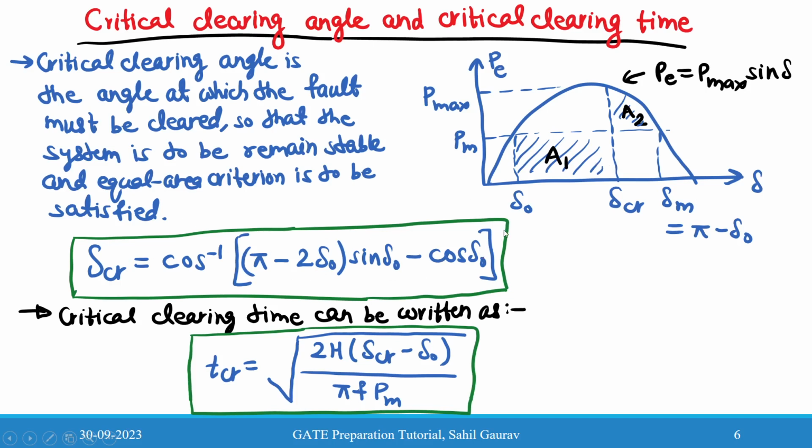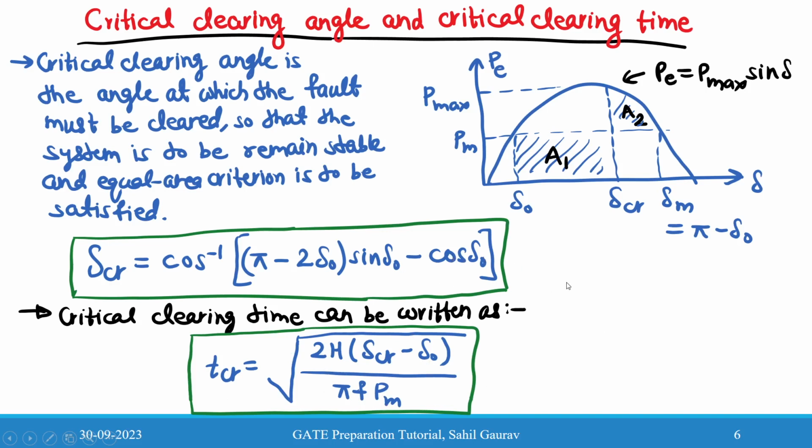If you want, you can memorize this expression, but if you just solve it, you also get this formula. And corresponding to delta Cr, we get the critical clearing time, which is expressed as the square root of 2H into delta Cr minus delta naught, divided by pi f Pm.